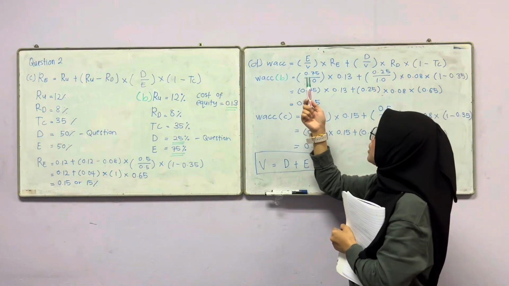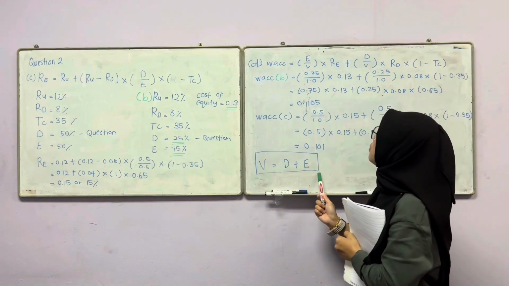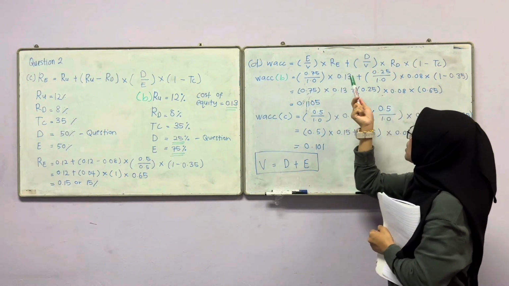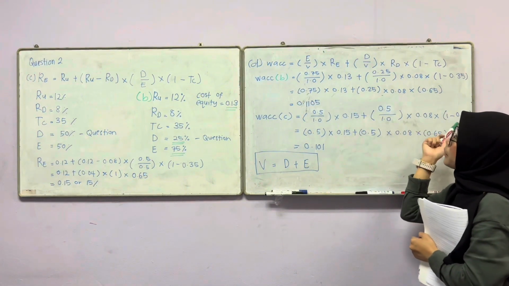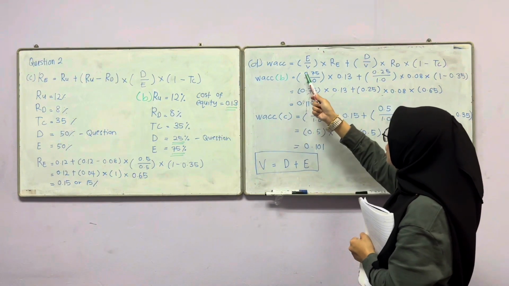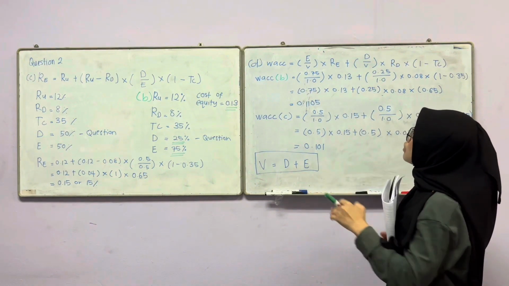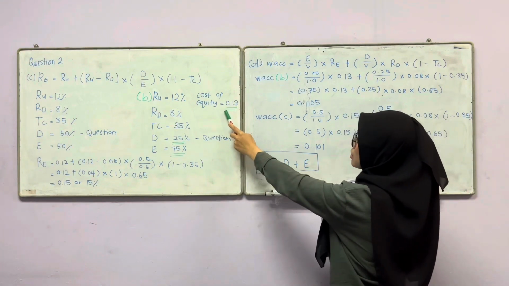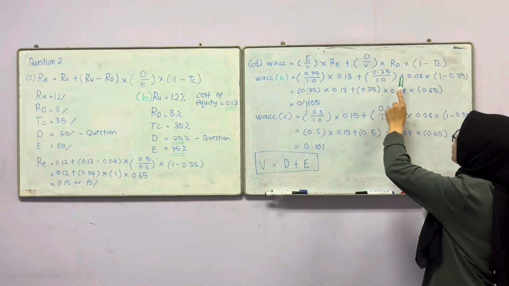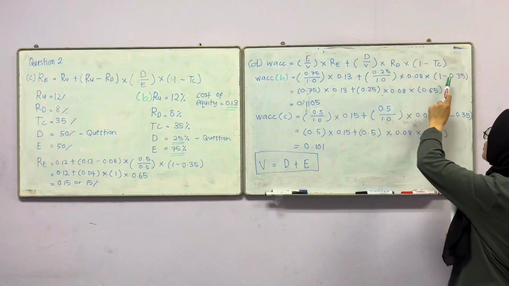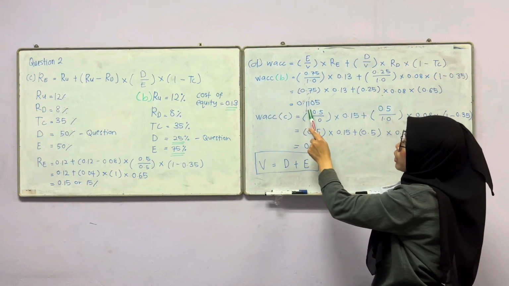The WACC formula is E over V times RE plus D over V times RD times 1 minus the tax rate, where V is D plus E. So WACC for b is 0.75 divided by 1.0 times 0.13, the answer, plus 0.25 divided by 1.0 times 0.08 times 1 minus 0.35. The final answer for WACC b is 0.1105.